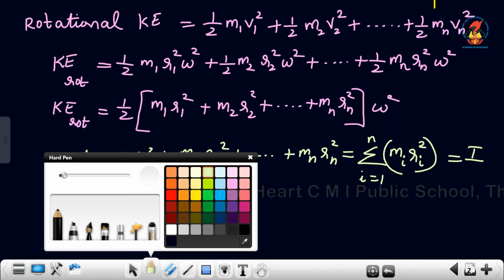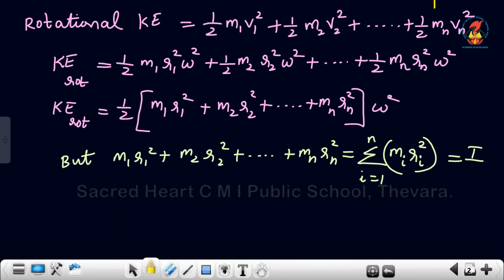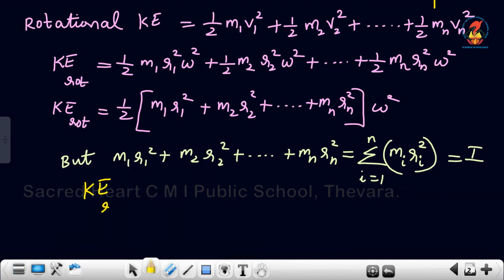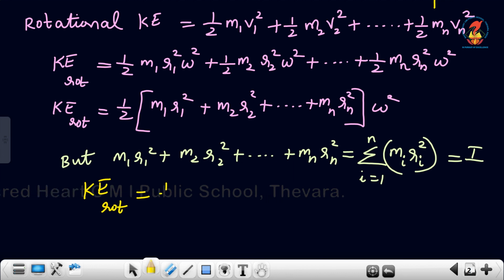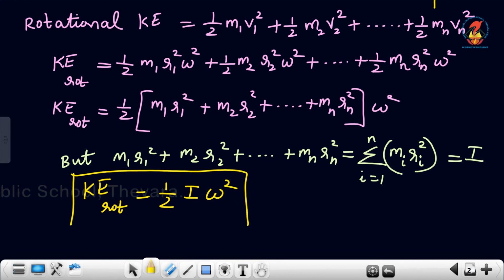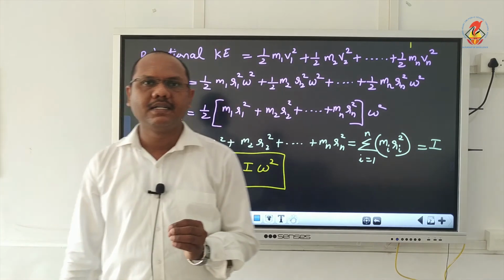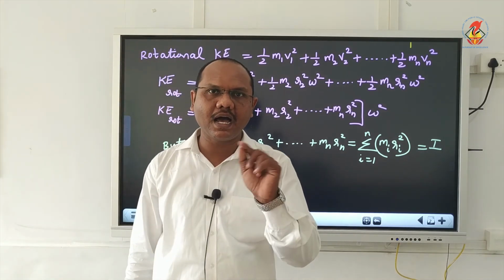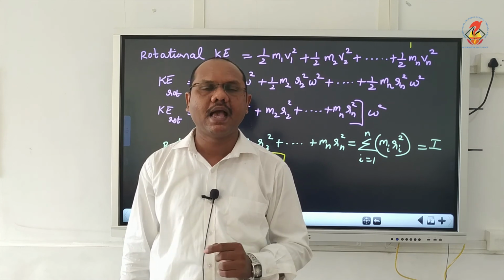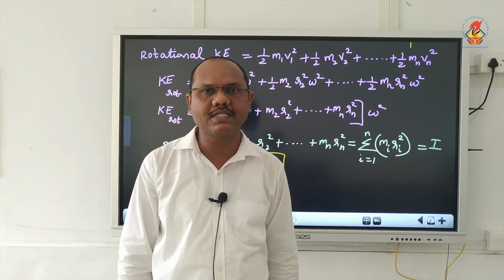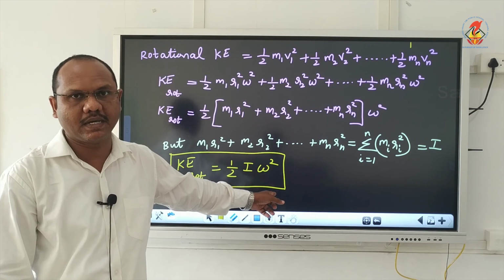Therefore the kinetic energy of rotation becomes half I omega square. So you can think like this: translational kinetic energy is half mv square and the rotational kinetic energy is half I omega square.